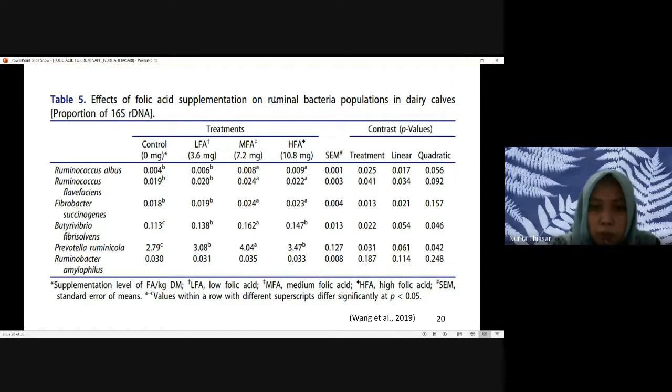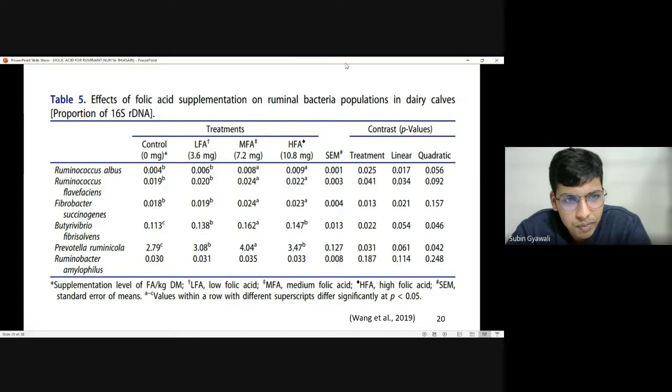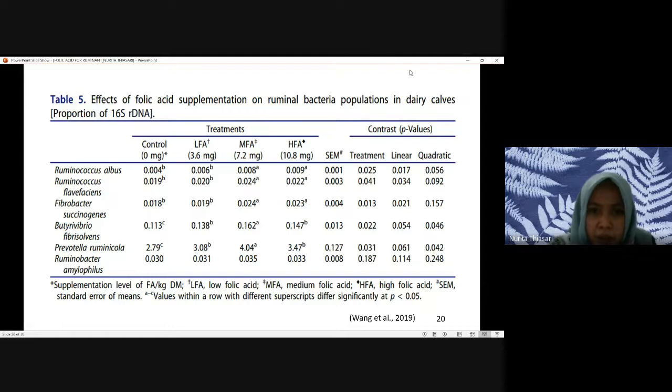Actually, for now, my understanding is that the addition of folic acid has more effect for the calf, as Professor mentioned before, because the calf's rumen is not developed well.